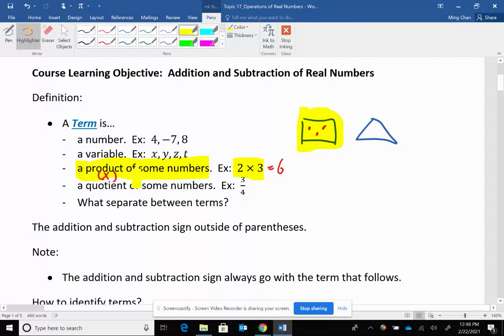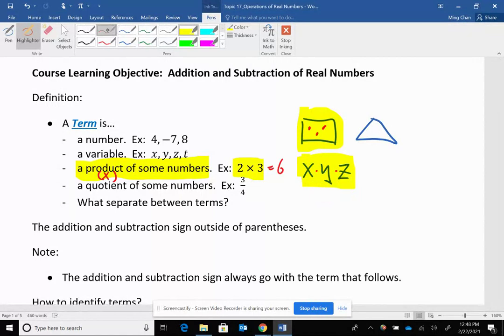A product, a multiplication between anything, is considered one term. For example, if I have x, y, z, this is not three different variables. That's not what we're talking about here. Between the x, the y, and the z is multiplication. So xyz is only considered one term, one object. It's just that inside this one term, I have three different factors.